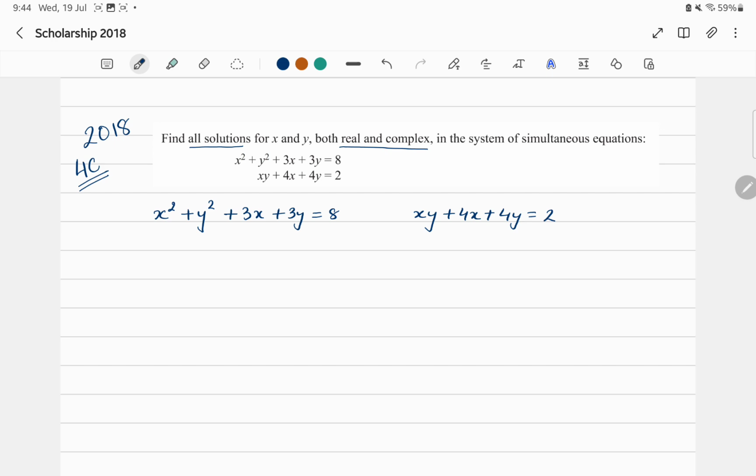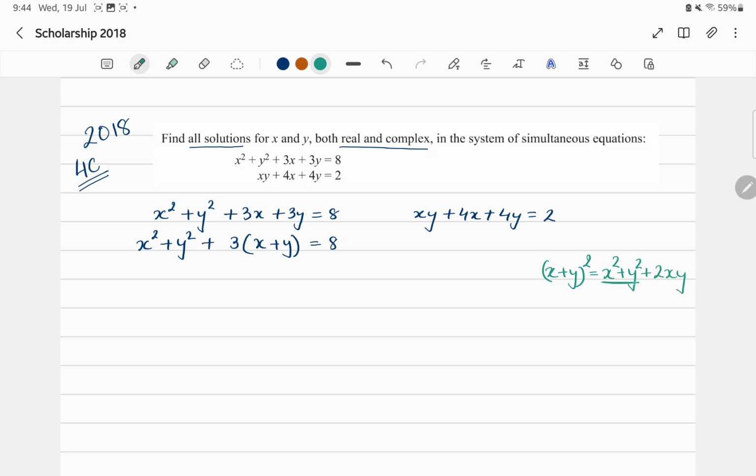All right, so here I have x squared plus y squared plus 3x plus 3y. I can take 3 common, so we have 3 times (x plus y), equals 8. When I see x squared plus y squared, I can use the identity (x plus y) whole squared, because that gives us x squared plus y squared plus 2xy.